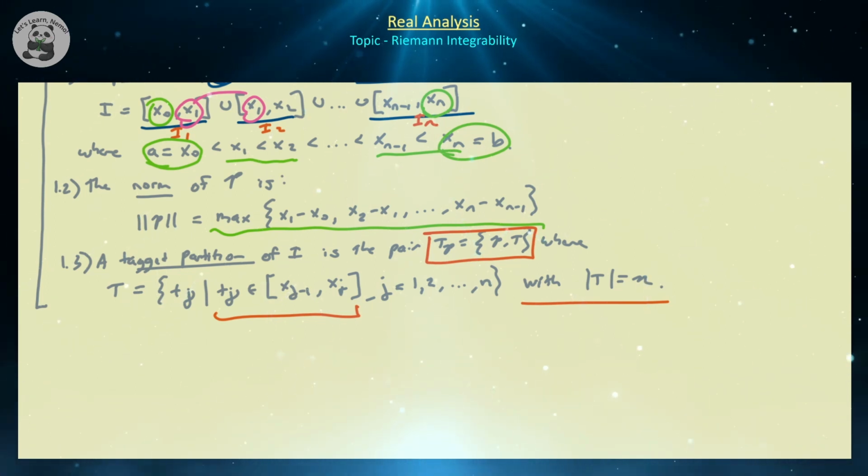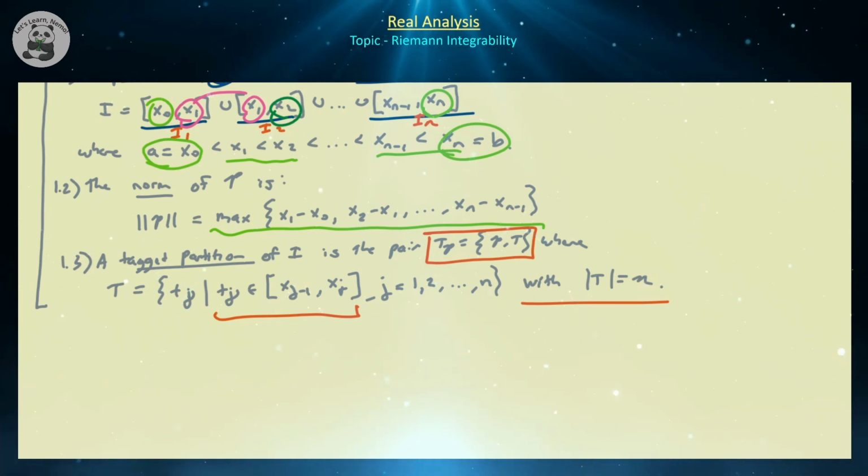Which means that if you pick a point in I2 and a point in I3, you cannot pick the same point, especially if it's on the boundary of both intervals. For example, x2 is the right boundary of I2 and x2 is the left boundary of I3. You cannot pick x2 in both of them. So you have exactly n distinct tags from that partition.